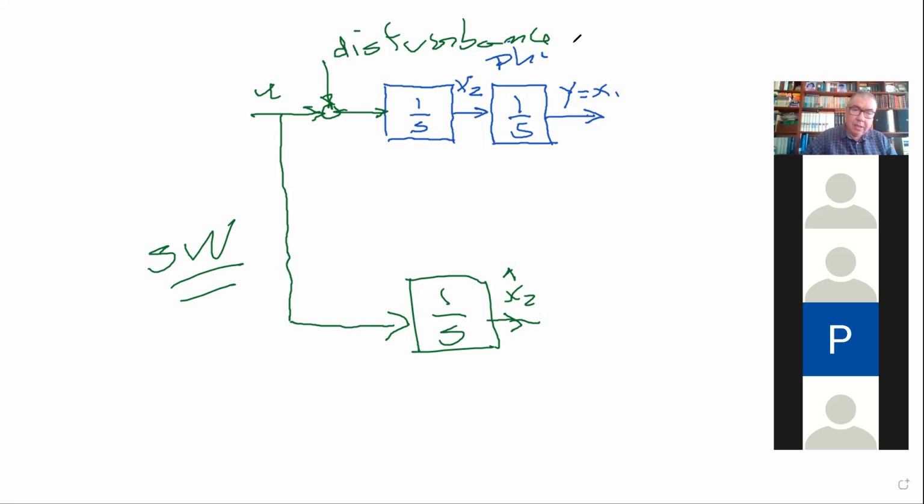This is the physical plant in blue. So what could we do? Where can we pick? Yes?